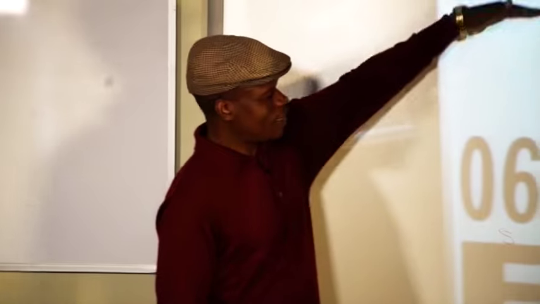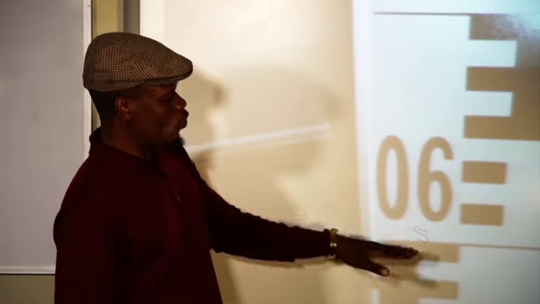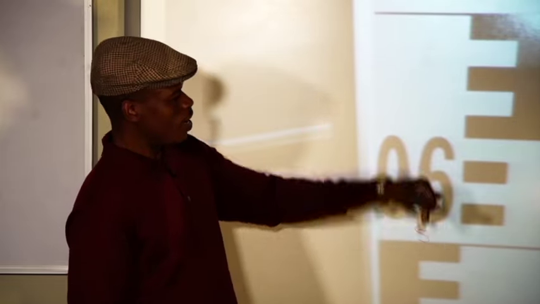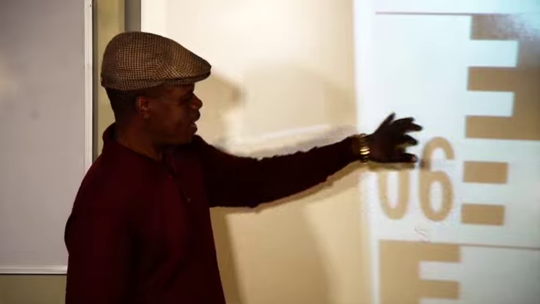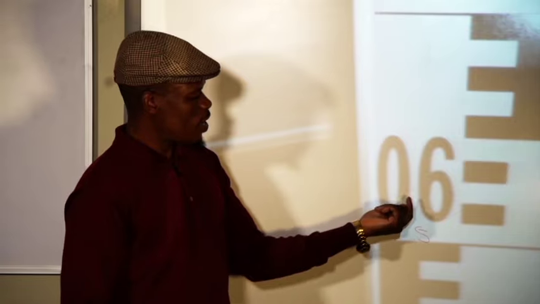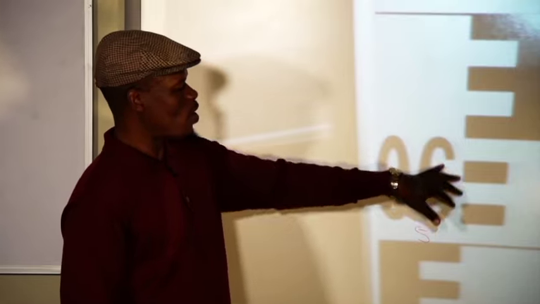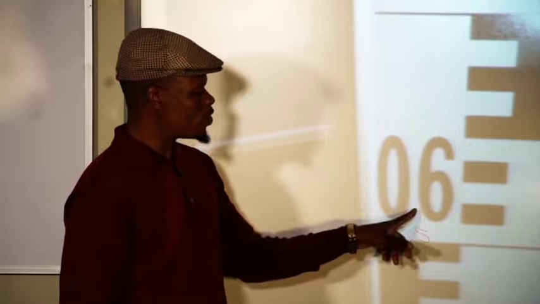Now if you look at this, the staff reading is divided into rooms. From here up to there is the area which falls under 0.6. Take note, there is no comma in between, but each and every time when you read this reading, you always put a comma.